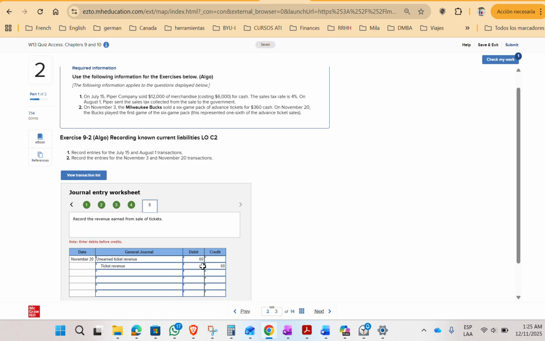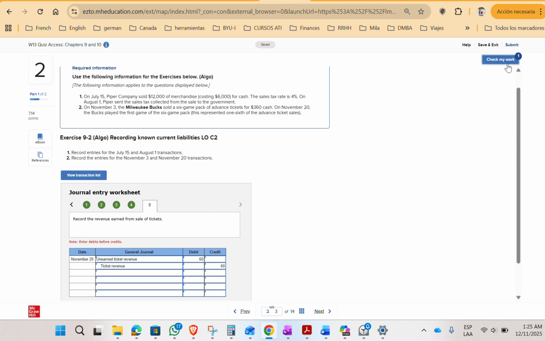So we have that every event has a cost of 60. That's why we're going to debit 60 and credit the ticket revenue that we have earned during that month.